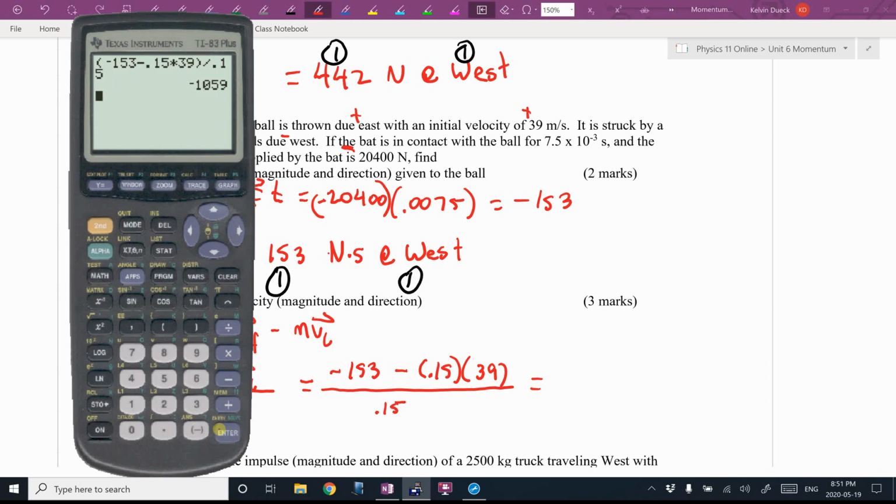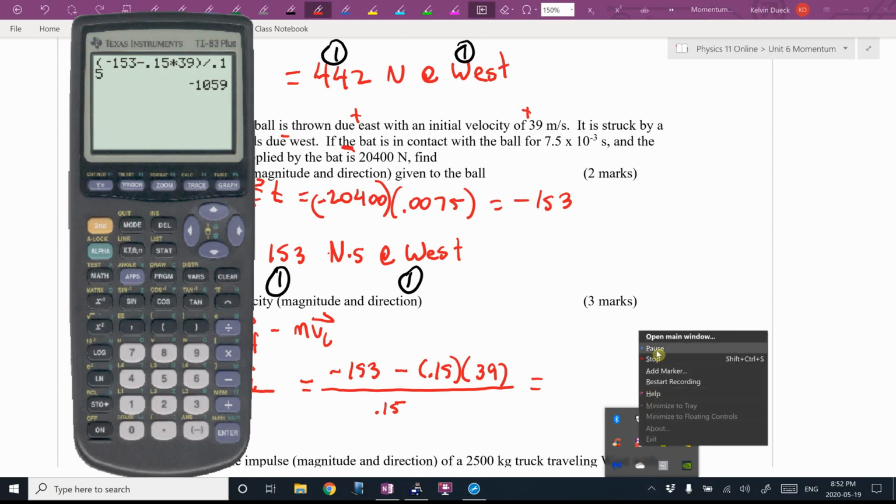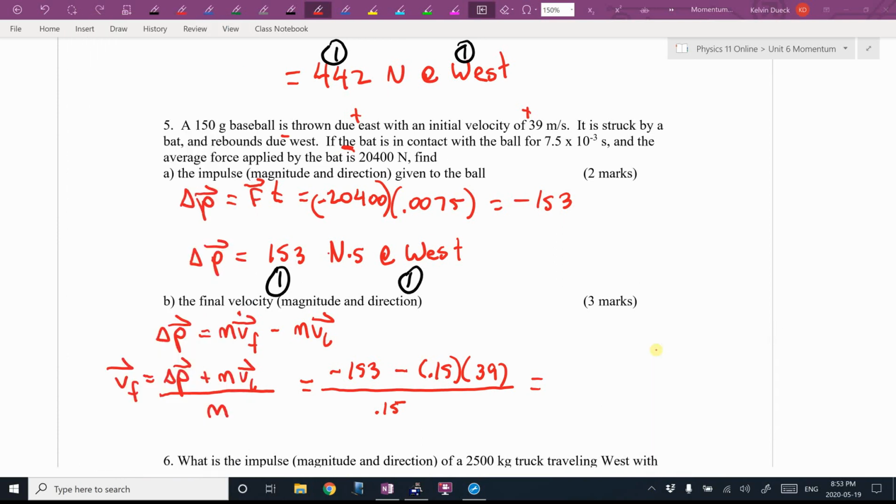Negative 153 minus 0.15 times 39. Let me pause for a second and see if I've made a typo, because that velocity seems really high. Of course I made a silly mistake, because there's a plus sign right here, and I wrote a minus sign right here. How about I make that a plus sign instead?